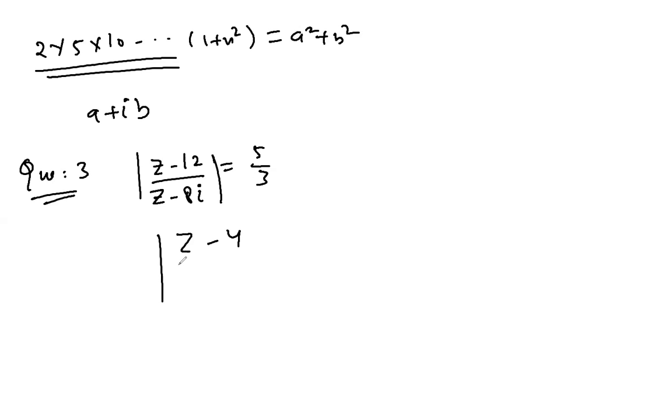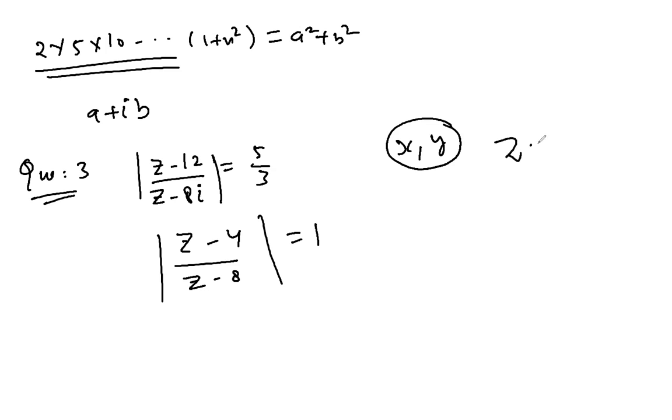Another equation is z minus 4 divided by z minus 8. So you have these two equations, and using them you have to find the possible values of x and y for which these equations will hold together.